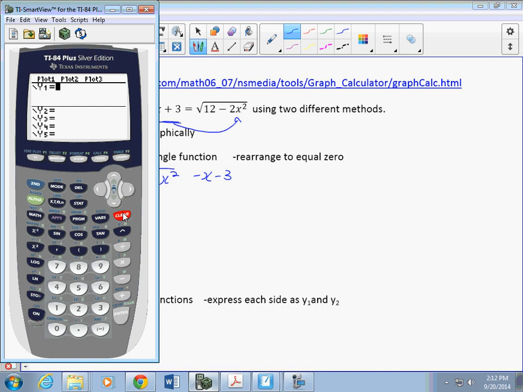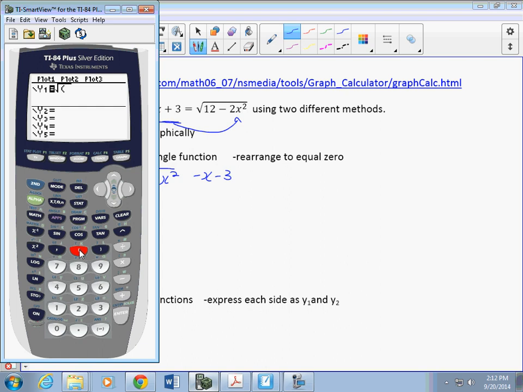Okay, so I put that into my calculator. So I do second function, square root, and then I need to put in a bracket there so that everything I put under there right now, that 12 minus 2x squared, is all underneath the square root sign.